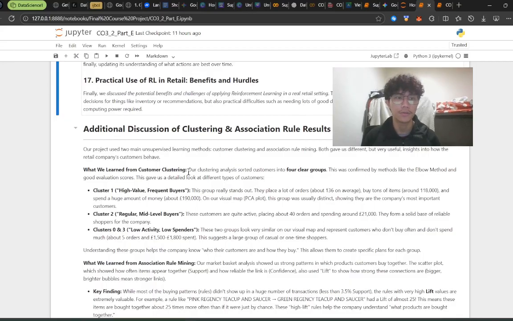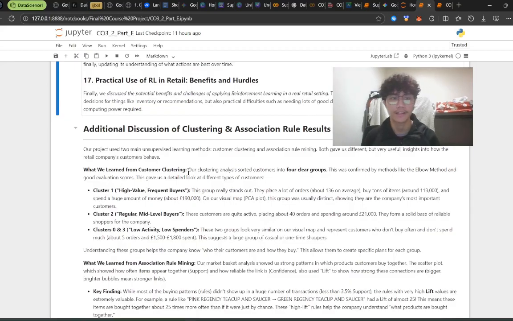Cluster 2 consisted of regular mid-level buyers, forming a solid base of reliable shoppers who spend around £21,000. And then there are Clusters 0 and 3, represented by low-activity, low spenders, which is a large group of casual or one-time shoppers. This helps the company understand who their customers are.